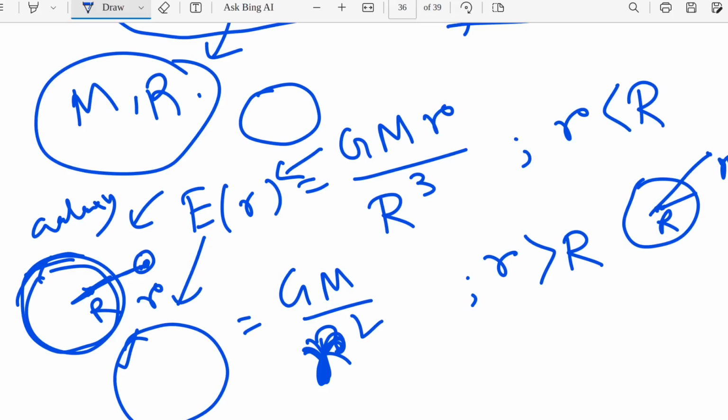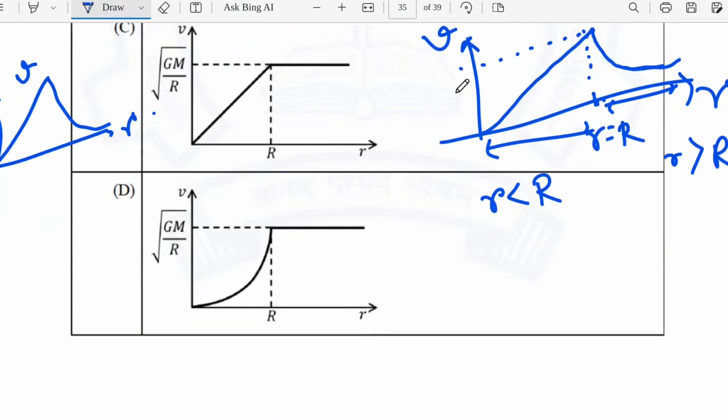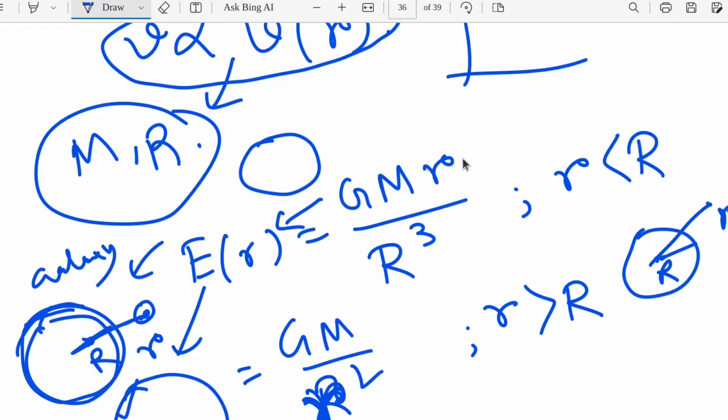I am just directly putting this expression here, because they are considering a spherical galaxy of total mass M. Spherical means we do not need to bother about any distortion of that galaxy. So I can directly write these expressions from the spherical nature, from spherical shell knowledge.